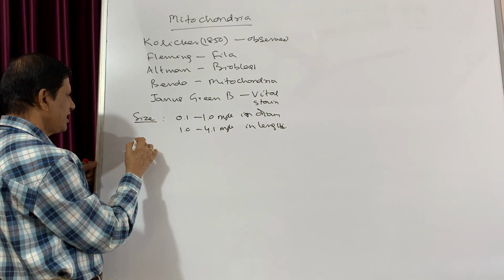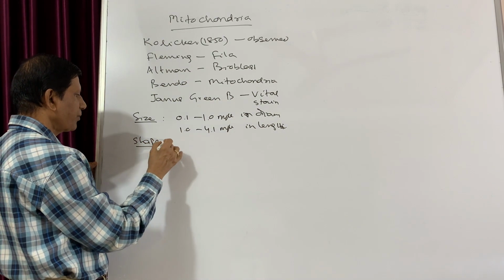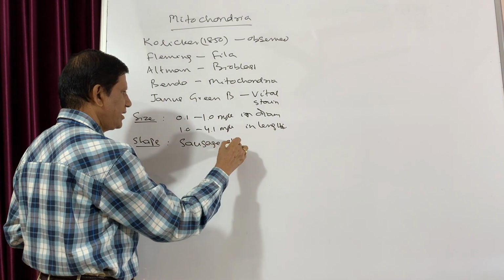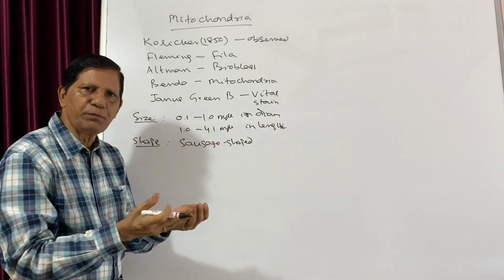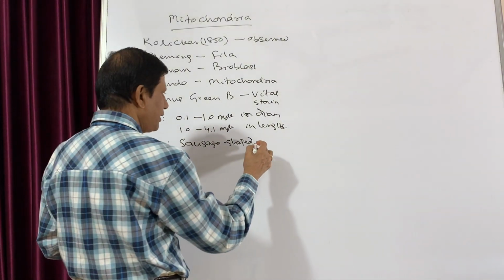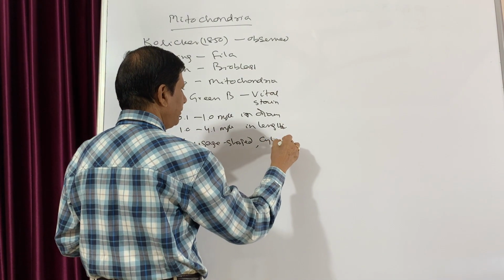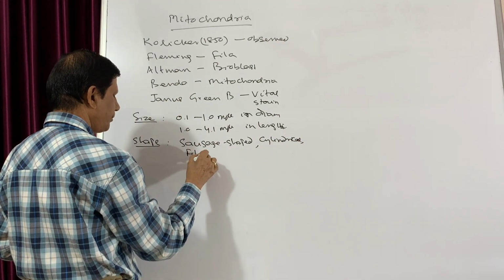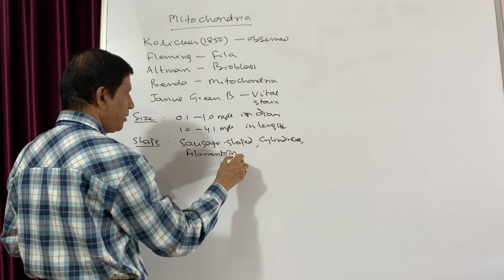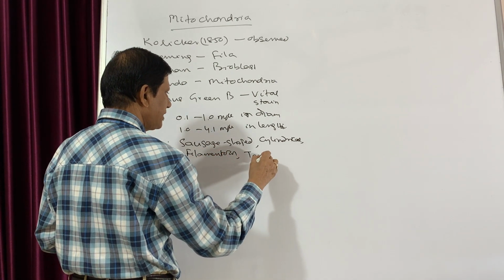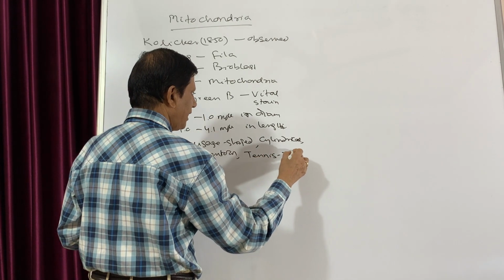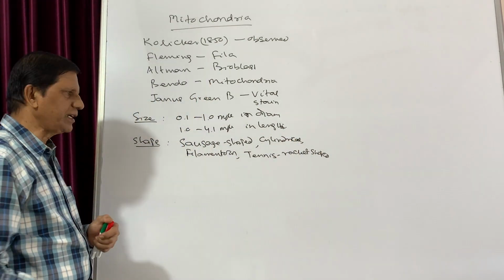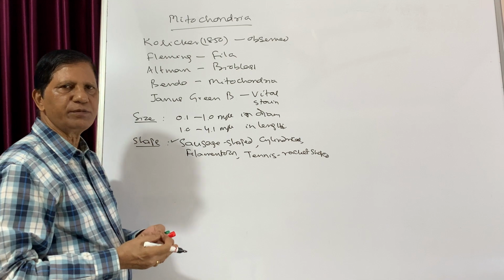Coming to the shape, usually the mitochondria are sausage shaped. But in addition to this, they may also be cylindrical, or filamentous, or sometimes tennis racket shaped. The sausage-shaped, plate-like structure is very common.